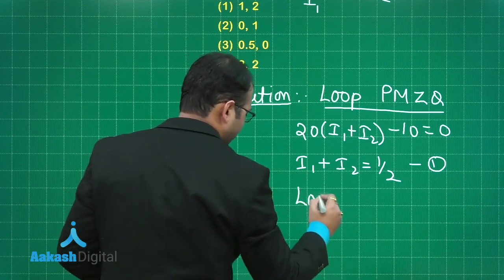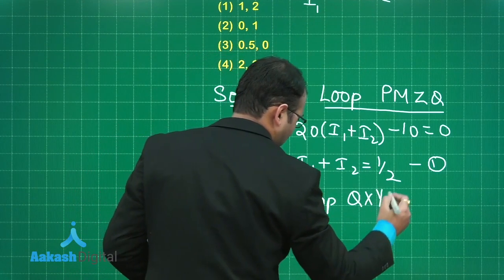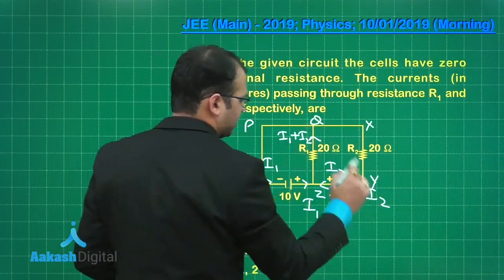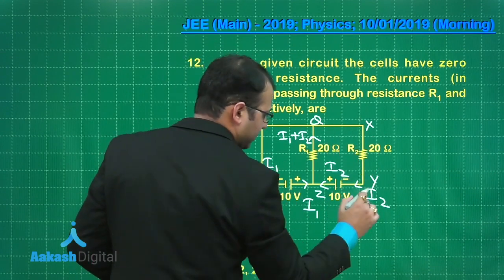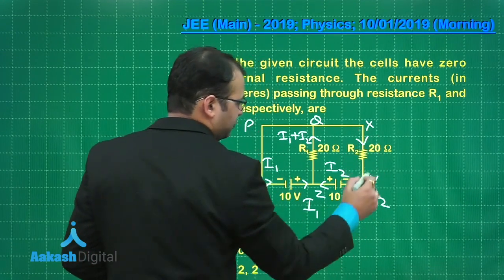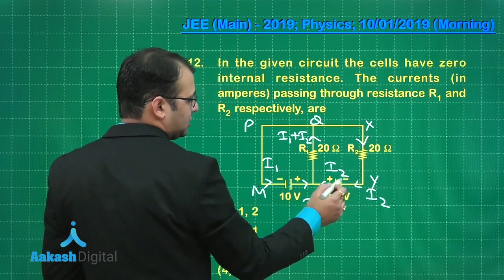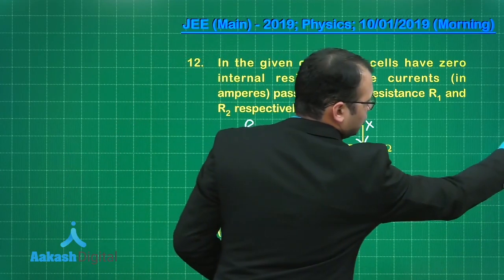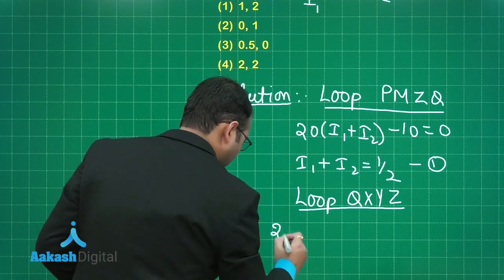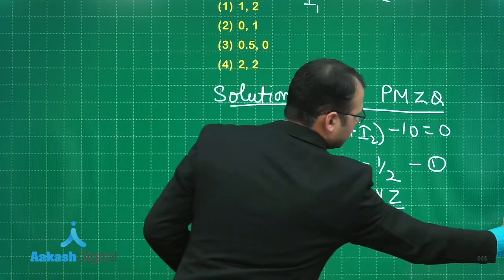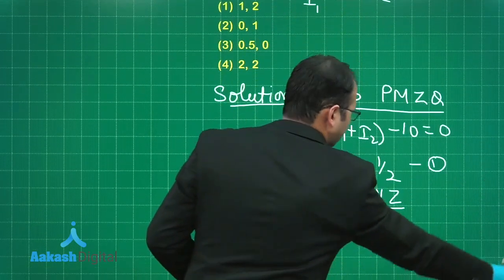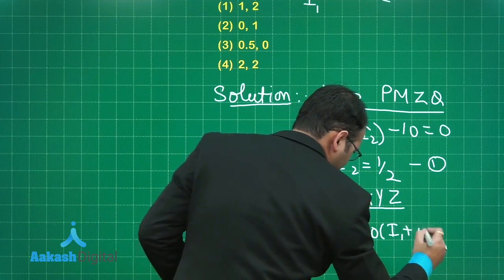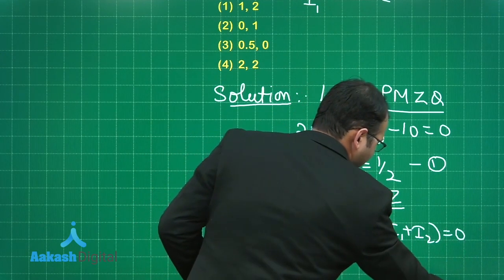With the loop Q, X, Y, Z, you start from this point and move in this direction. From here to here there is no potential drop. From here, when you see the current is moving down, it would be plus 20 into I2, then minus 10. When you reach up, it would be plus 20 into I1 plus I2 and you will reach this point again. So, 20 I2 minus 10 plus 20 into I1 plus I2 should be 0.